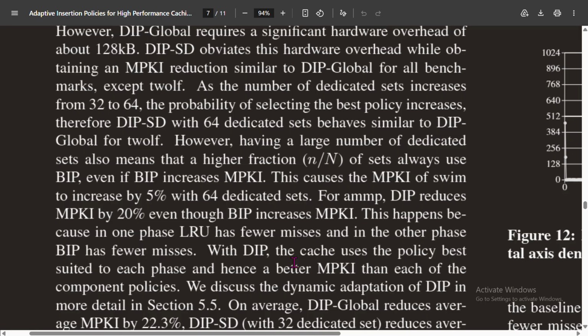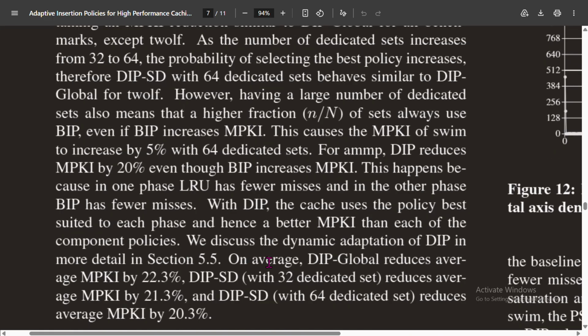With DIP, the cache uses the policy best suited to each phase and hence gets a better MPKI than each of the component policies. We discuss the dynamic adaptation of DIP in more detail in section 5.5. On average, DIP Global reduces average MPKI by 22.3%. DIP SD with 32 dedicated sets reduces average MPKI by 21.3%, and DIP SD with 64 dedicated sets reduces average MPKI by 20.3%.